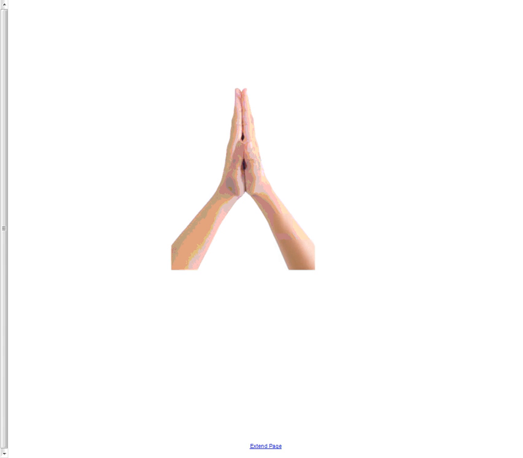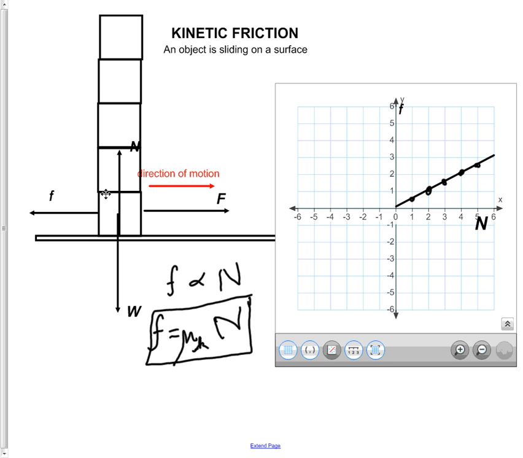So the frictional force depends on the nature of the surfaces, but it also depends on how hard you press them together. So that's kinetic friction. And as I say, kinetic friction is actually usually easier to deal with because it is always the same.